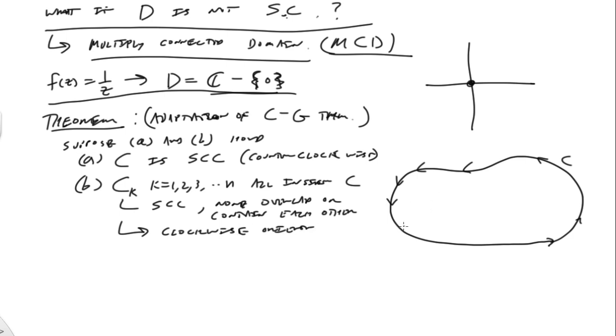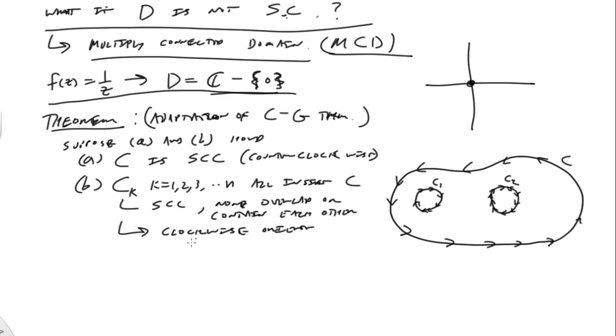So the outer contour is counterclockwise oriented, and now we have a series of inner clockwise orientations, something like that. We'll call that one C1, and there's another one here, C2. Of course I can make more of these, but I'll just take 2 for this particular example.